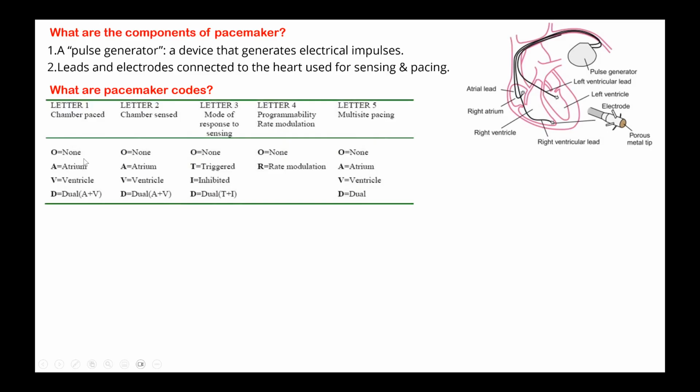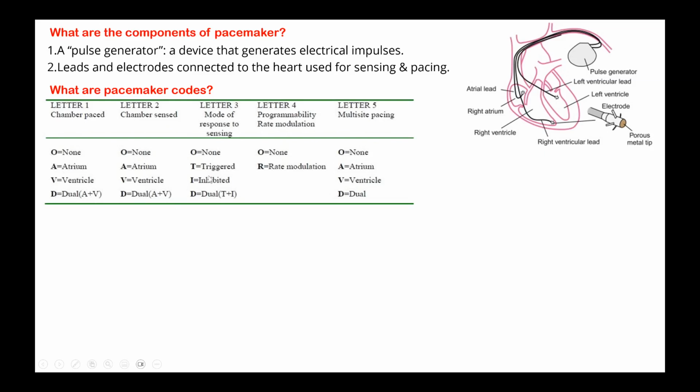Letter 1 is the chamber which is paced. Letter 2 is chamber sensed. And letter 3 is mode of response to sensing, then programmability or rate modulation, and multi-site pacing. So these are the 5 letters that are used in the coding. And it can be A for atrium, V for ventricle, D for dual.